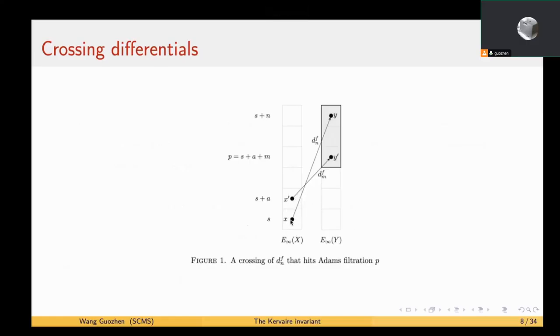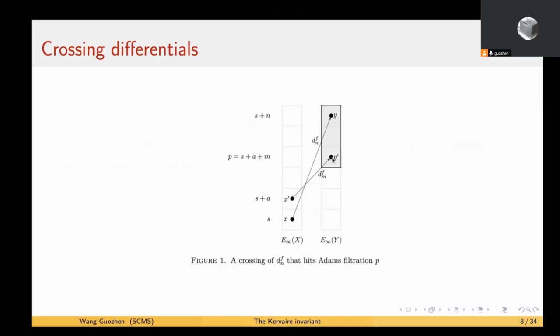So here's the illustration of a crossing differential. Suppose we have an F extension from x to y. That is a long arrow, which goes from E infinity of X to E infinity of Y. Then, if some shorter F extension differential from x prime to y prime crosses this long differential, we say here's a crossing differential.